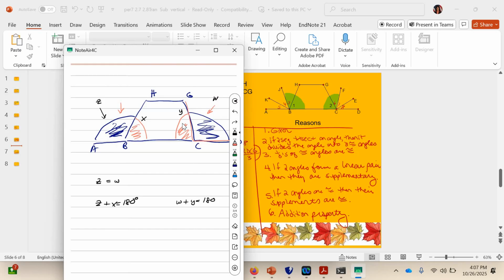Well, since W and Z are equal, I can substitute the W for Z. If I just eliminate the 180 and don't worry about it, I get Z plus X is really Z plus Y, and these cancel, and I'm left with X equals Y. So that's the reason, it's because they're supplementary angles. That's the reason X and Y are the same thing. The two red shaded regions are the same thing. That's the proof in words.